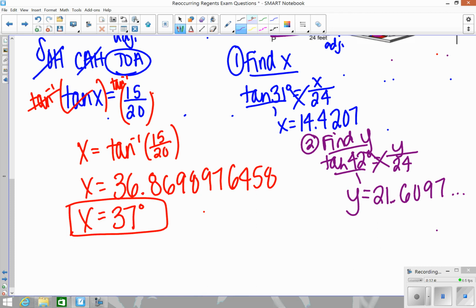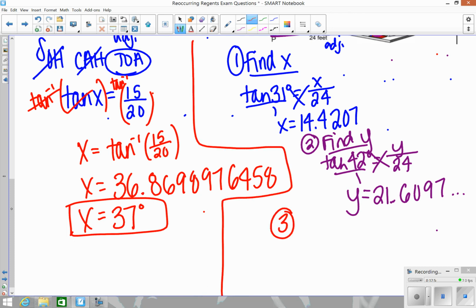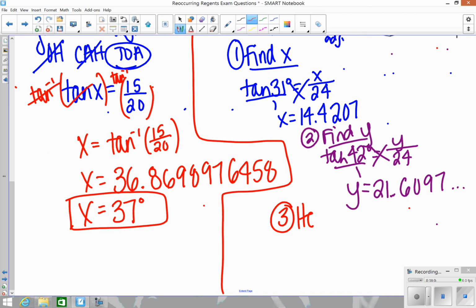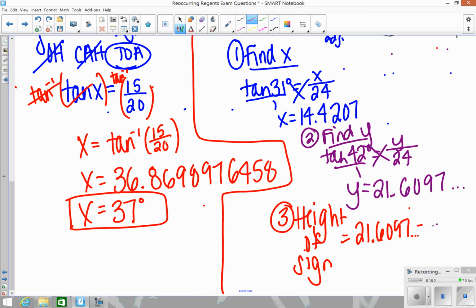So then that means the last step to find the height of the sign, you're going to take the 21, which is the whole thing, and the 14 and subtract it. So the height of the sign is 21.6097, and remember you're using these exact answers, minus 14.4207.